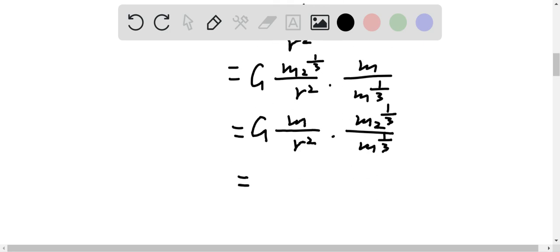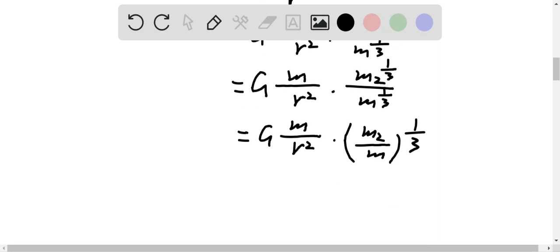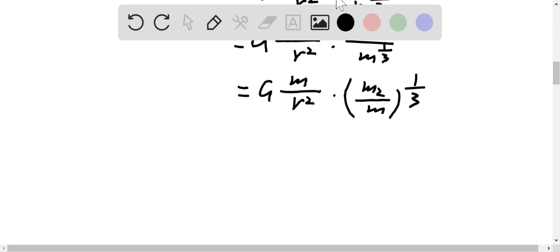We keep doing that, we'll get G times m over r squared times (m2 over m) to the 1/3. So G times m over r squared is the acceleration of gravity on Earth, which is g. Let's mark it g. So this will equal g times (m2 over m) to the power of 1/3.